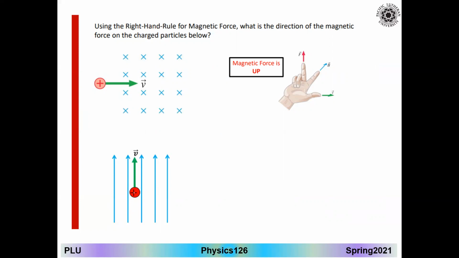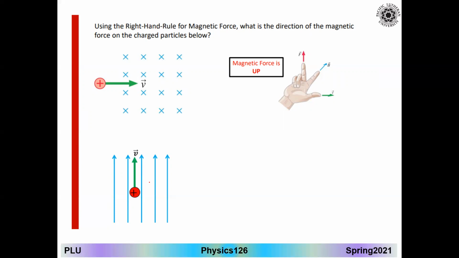Here we have a positive particle with a certain velocity in the upward direction, and a magnetic field pointing up as well. If you try to apply your right-hand rule, you have difficulty in this case. How can you point your thumb and your forefinger in the same direction?